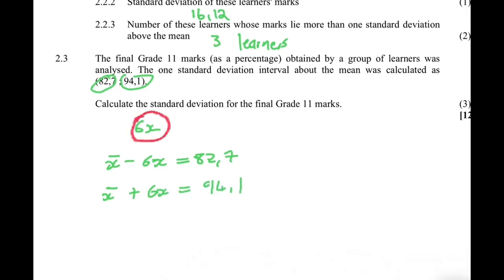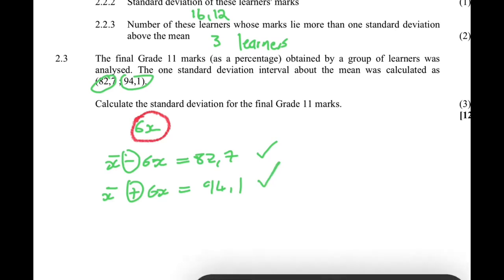What we can do here is find the mean first using these two equations, right? Here we have a plus, here we have a minus. So if we add these two equations, the standard deviation is going to disappear and we're going to be able to find x bar, right? After we find x bar, or the mean, we can just substitute it in one of these formulas and find our answer. We're basically solving simultaneously here anyway.